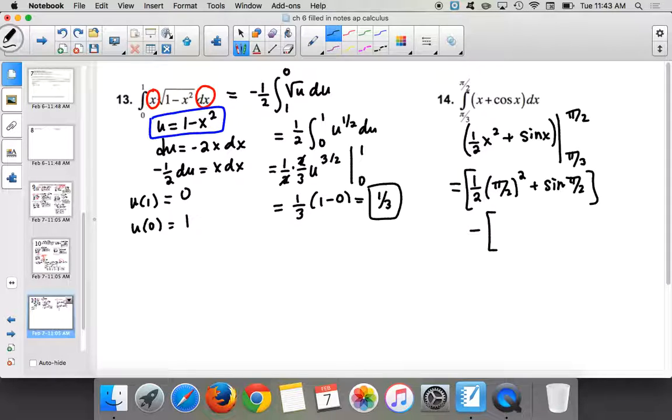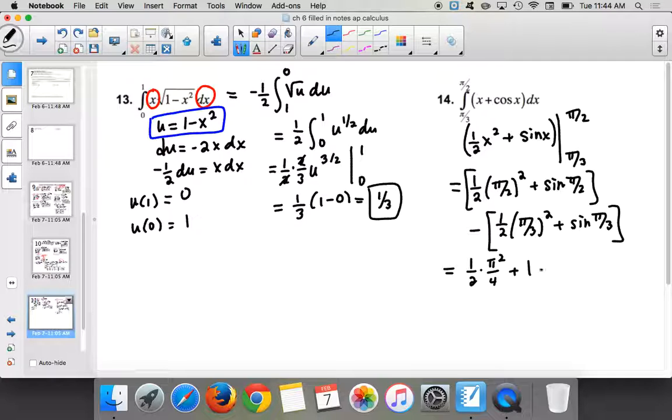And then we're going to subtract out the other one, so 1/2 pi over 3 squared plus sine of pi over 3. So we get 1/2 times pi squared over 4 plus, what is sine of pi over 2? 1, because I took the antiderivative of x and got 1/2 x squared.